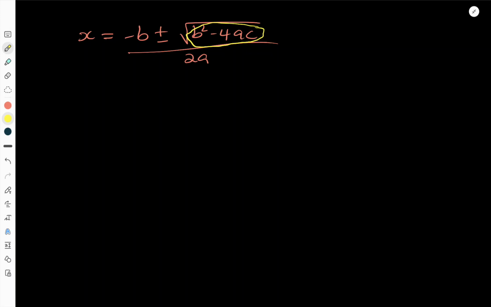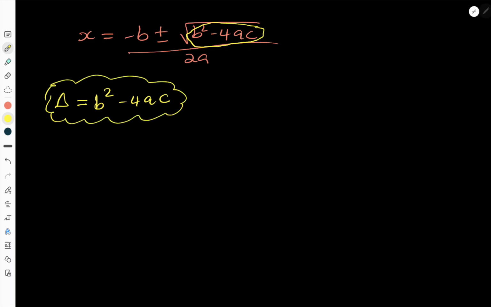That's why they say nature of roots. So we are looking at b squared minus 4ac, and we call that delta. Delta is equal to b squared minus 4ac. That's very important to note.